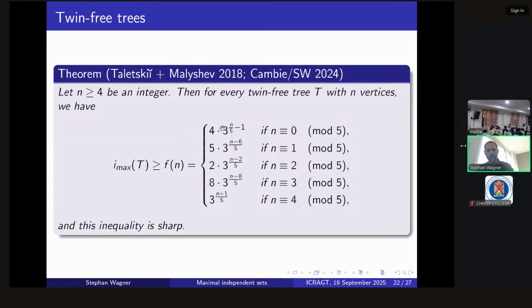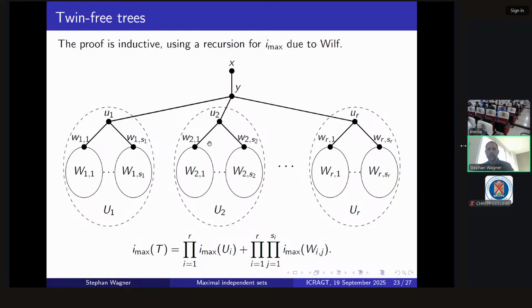This is sharp. We see that the bounds grow roughly like 3 to the n over 5. The proof of this is basically an induction using a recursion for the number of maximal independent sets that was already used by Wolf, who studied the maximum. You can recursively determine the number of maximal independent sets in a tree if it has a decomposition like this into smaller subgraphs given by this formula here.